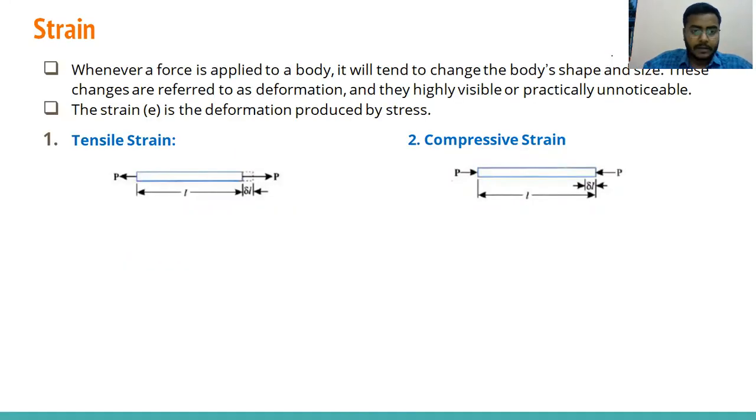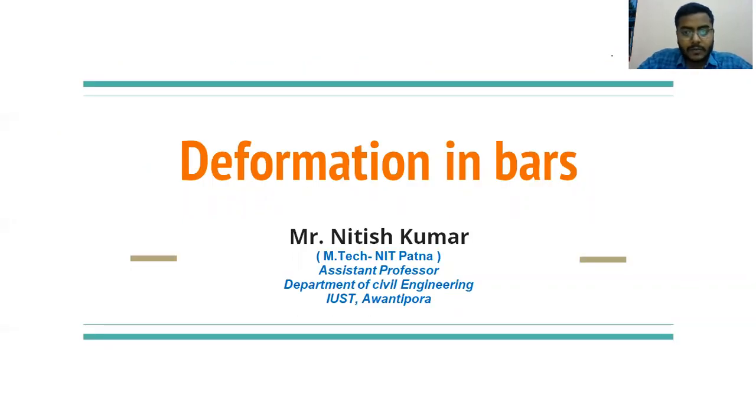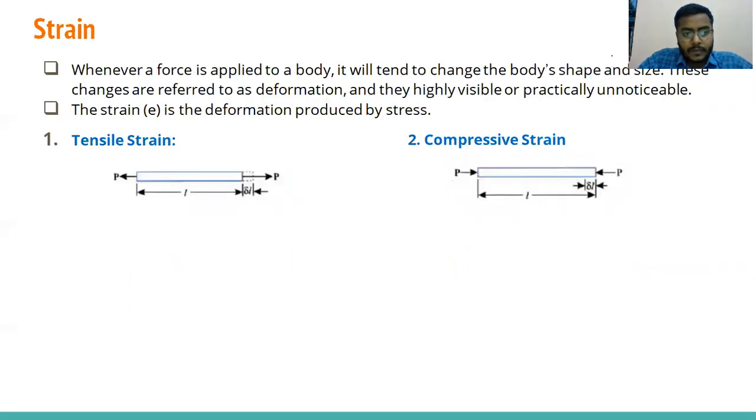So basically, what is strain? First, I will discuss what deformation is. Whenever a force is applied on a body, it will tend to change the body's shape and size. That is called deformation.